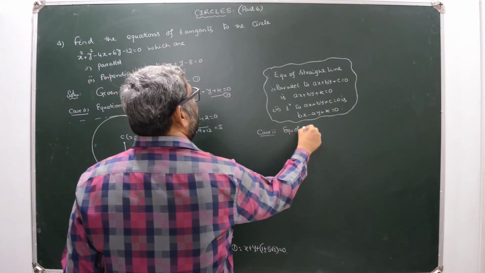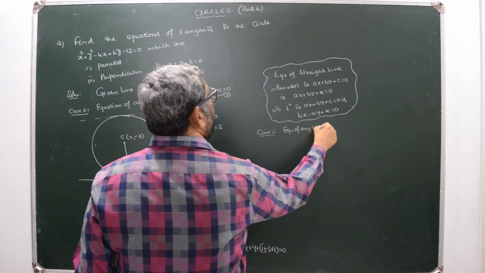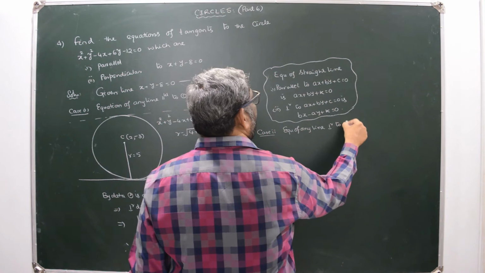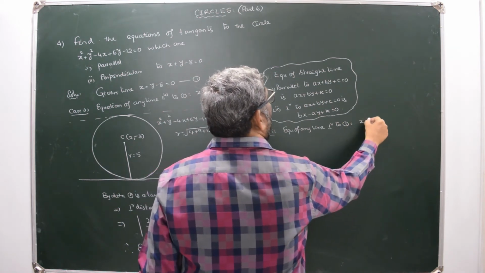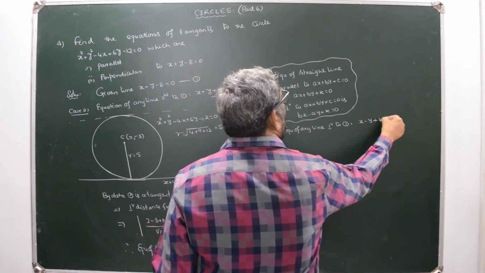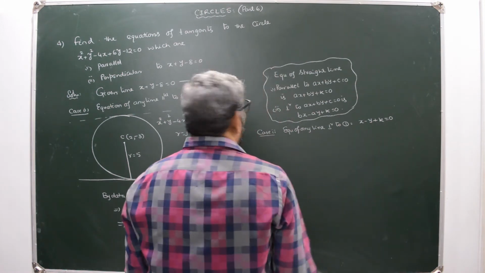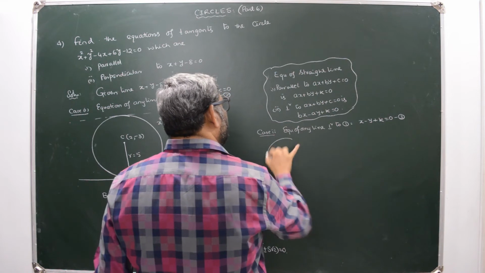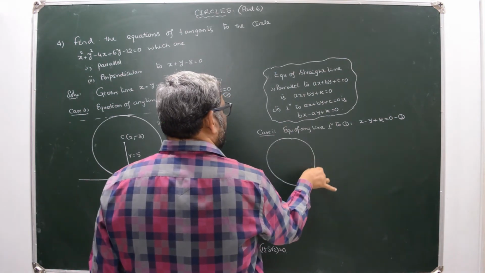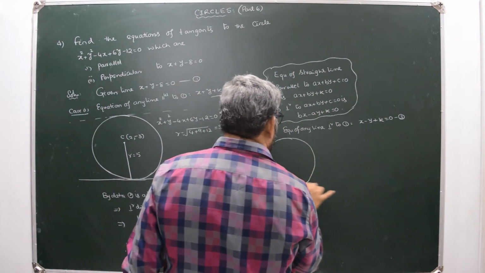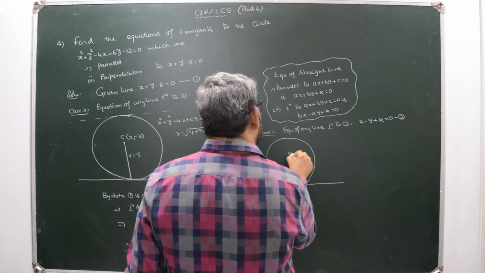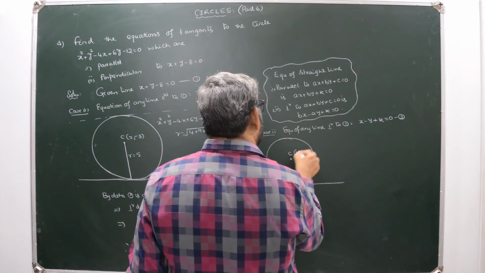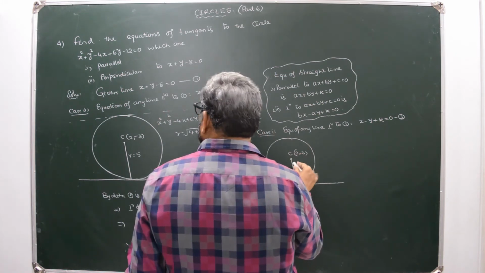Equation of any line perpendicular to the given line is x minus y plus k equal to 0. This is 3. Now by data, if you consider a circle like this, this will be the tangent. And this will be the center C, of course (2, minus 3), and this is the radius, 5.